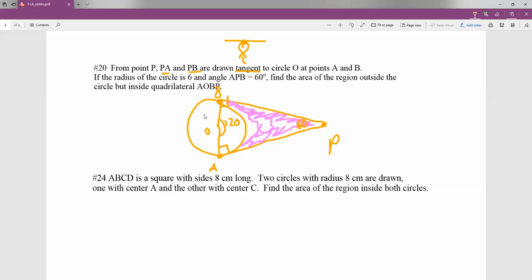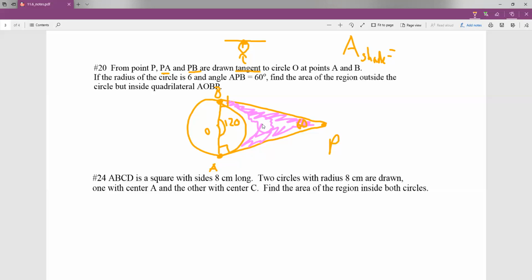Now, thinking of it more generally, how are we going to get the area of the shaded region? Well, the shaded region is the area outside the circle, but it's inside the quadrilateral.